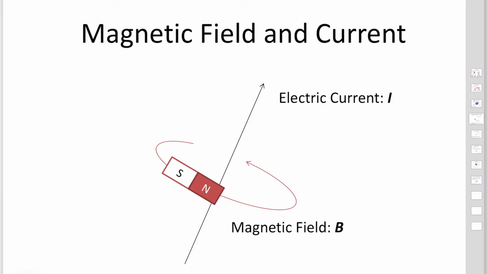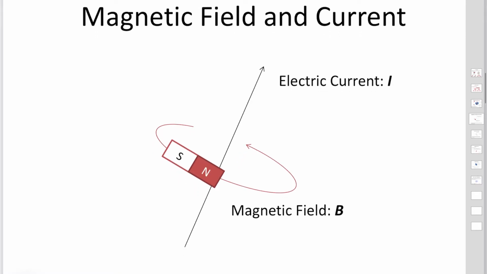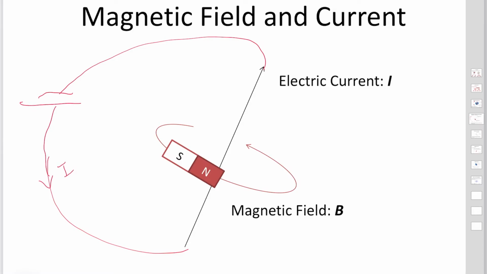A really important discovery was made by Oersted in the 1820s. If you consider the wires, with current flowing on these wires, then this flowing current produces the magnetic field. And the magnetic field is directed in this direction. To find out this direction, you can use the right hand rule.